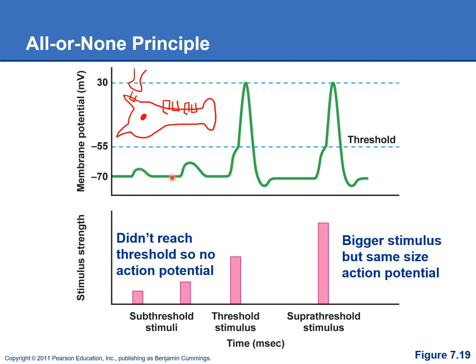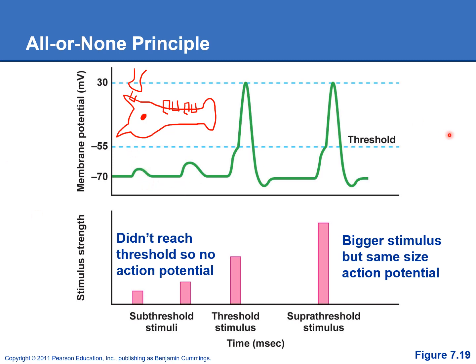The sodium ions that they're letting in, they're not letting in enough sodium ions to reach threshold by the time we get to the axon hillock where these voltage-gated sodium and potassium channels are. So we don't reach threshold, that magic number of minus 55 millivolts, to open up the voltage-gated sodium and potassium channels to start an action potential. That's the all or none principle. We didn't reach threshold, no action potential.